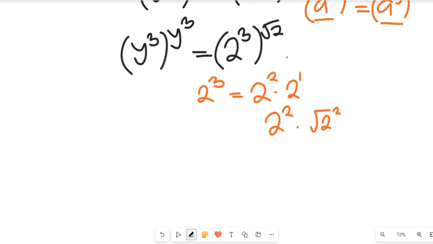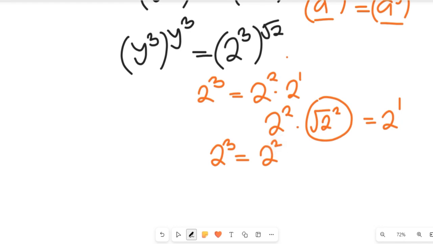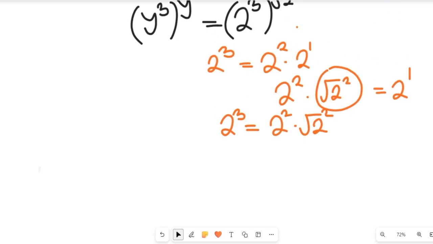The square root of 2 squared is still equal to 2 to the power of 1. So 2 to the power of 3 can simply give us 2 to the power of 2 multiplied by the square root of 2 to the power of 2. So we can simply replace that in our expression.